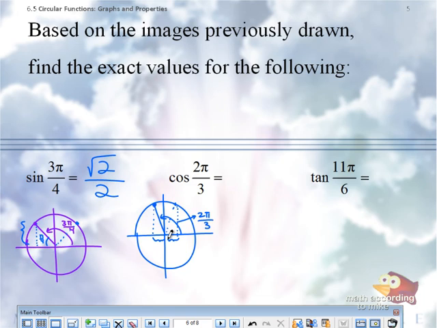So what's the reference angle for 2 pi over 3, in terms of radians? Pi over 3.